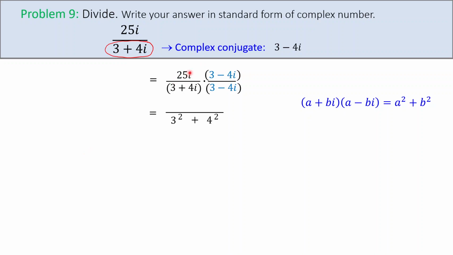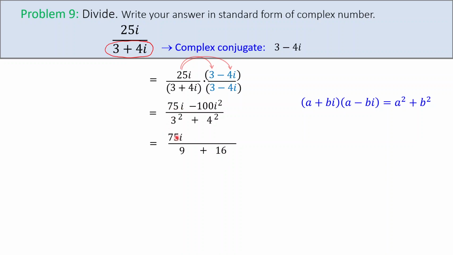So here you need to multiply this and this. 25 times 3, 75i. Now multiply this and this. 25 times 4 is 100. i times i is i squared. 3 squared is 9 plus 4 squared is 16.